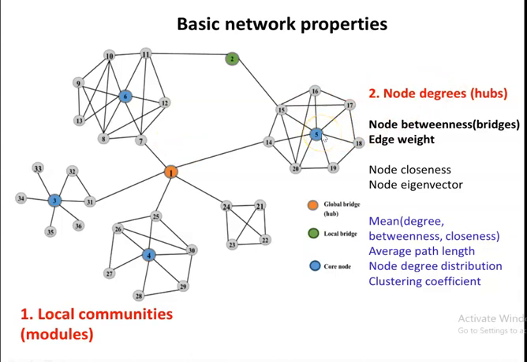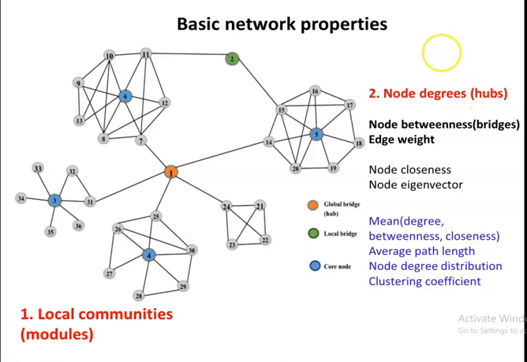If a node has many interactions with other nodes in the network, it is also called a hub node, or in our case, hub genes. I'm sure you have heard this term hub genes before. The notion of counting the number of nodes that one particular node interacts with is called degree, or degree centrality.